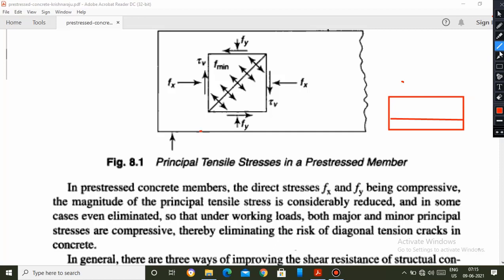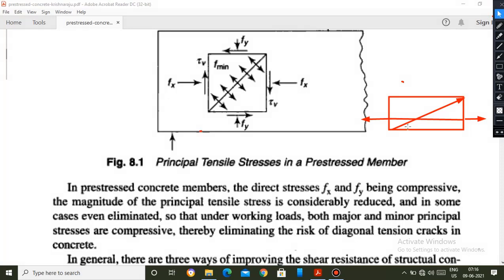We will stretch this tendon with hydraulic jacks. Because of this hydraulic jack, the member may develop compressive forces while applying the load. Because of this application of the load, the compressive forces generated here may reduce the load acting on this particular member, which may eliminate the development of diagonal tension cracks in the pre-stressed concrete member.